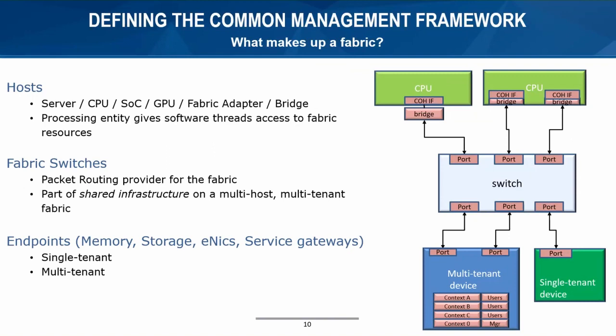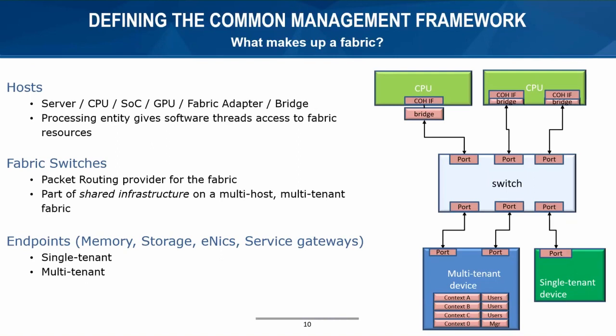And then there are endpoints. Other than host bridges, endpoints implement some other resource or service and map it to the fabric: memory modules, storage modules, processors. A single tenant device generally can't maintain multiple contexts and therefore can't discern different permissions for different requests or different requesters.